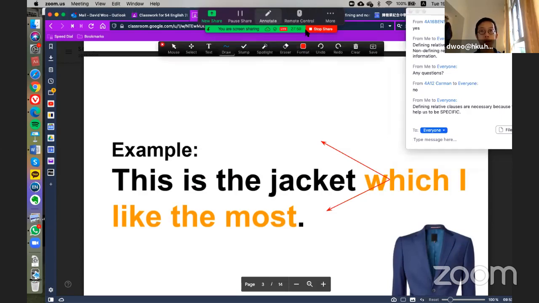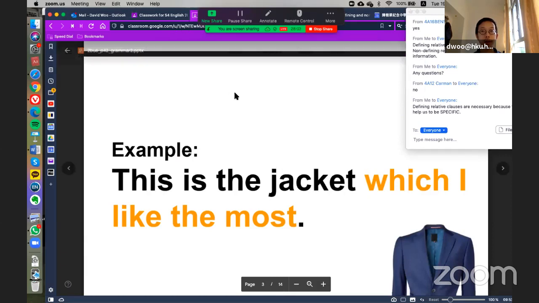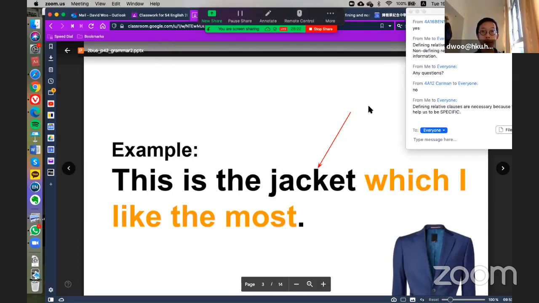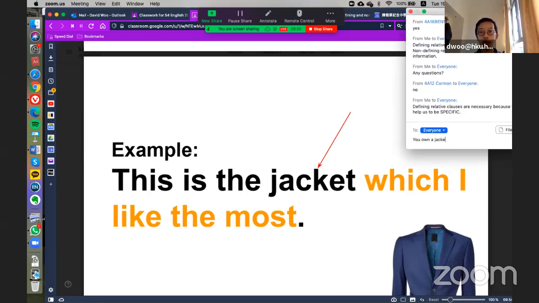For example, this is the jacket which I like the most. Boys and girls, Dr. Wu owns a jacket. You own many jackets. There are so many jackets around the world. Which jacket are we talking about? Okay, so I'll say it again. You own a jacket.